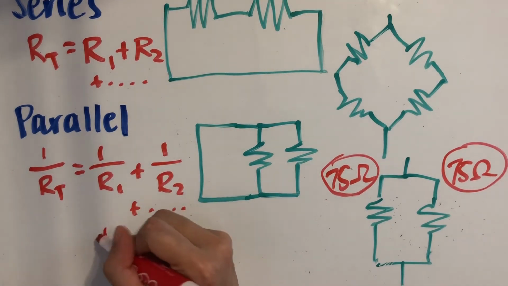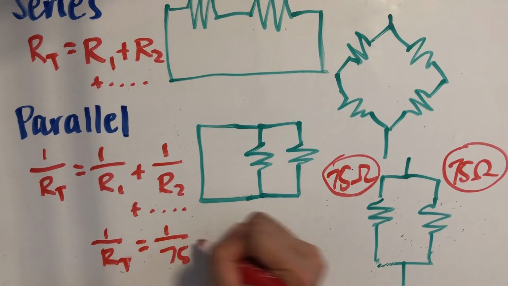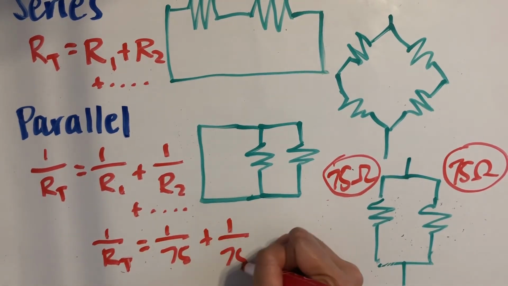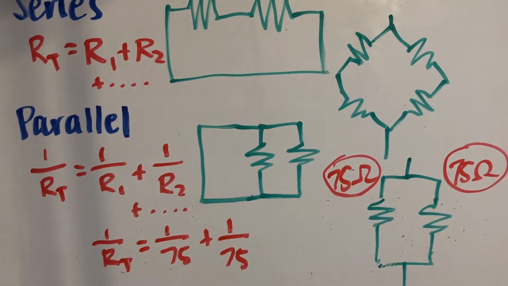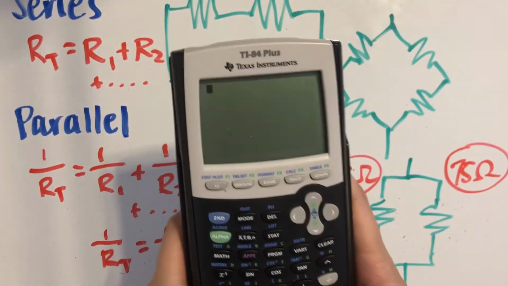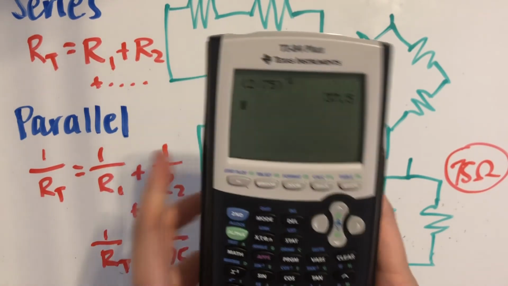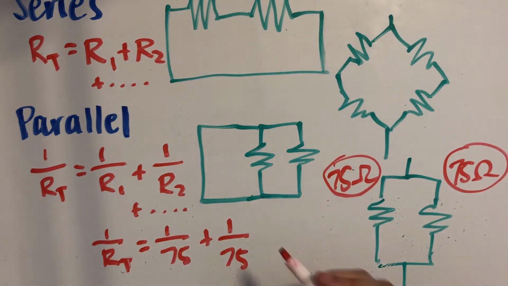So we have 1 over the total resistance is equal to 1 over 75 ohms plus 1 over 75 ohms. And I know that simplifies to 2 over 75. So if we take the reciprocal of 2 over 75, then we get 37.5 ohms.